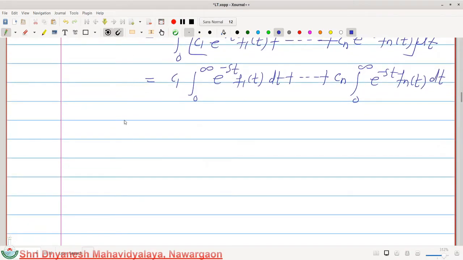So again, by using definition of Laplace transform, what will we get? c1, this is the definition of Laplace transform of f1(t). So we write c1 Laplace transform of f1(t) plus so on cn, this is the definition of Laplace transform of fn(t).